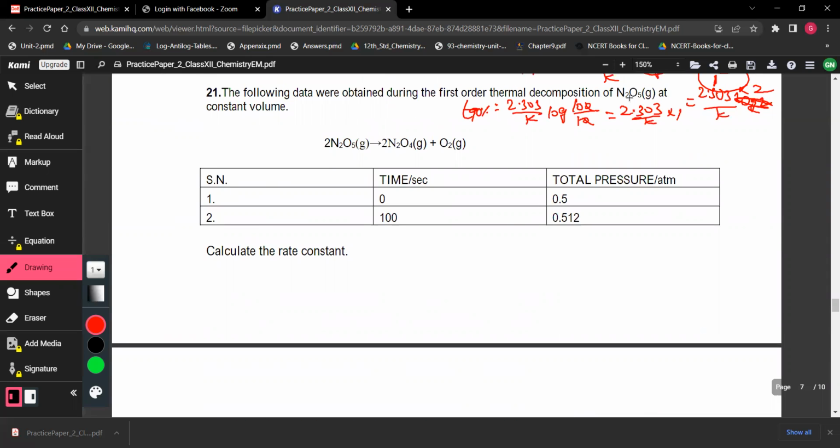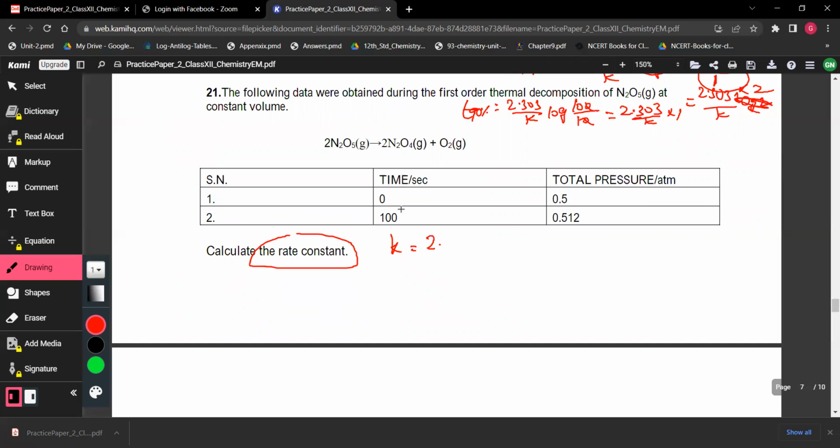Following data were obtained for the first order thermal decomposition of N2O5 at constant volume. Calculate the rate constant. How will you do this? Here it is a gaseous reaction, so K can be expressed in terms of pressure of reactant.